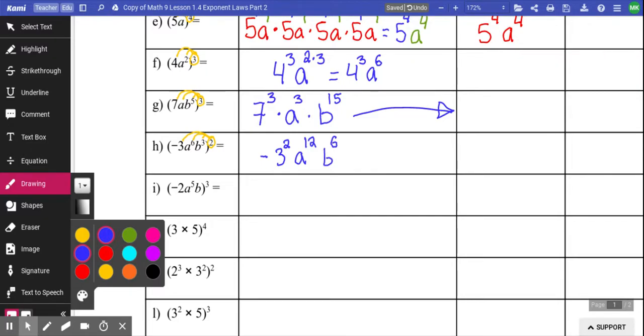That is far off. You want to make sure you're multiplying the exponents. So 6 times 2 is 12, and 3 times 2 is 6 as your exponents. Did you do 6 to the power of 2? No, I didn't.